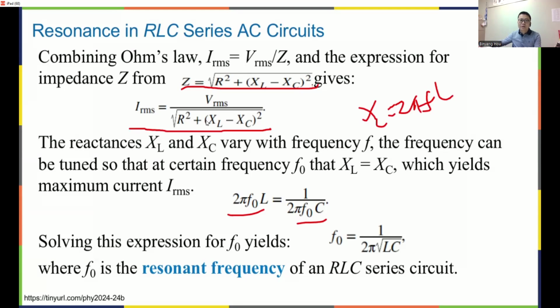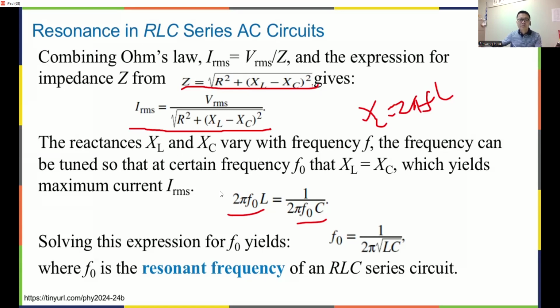Then your denominator will be minimum, because then it's just R in the denominator. Anything else, if this is not equal to 0, even if it's negative, when you square it becomes positive, so the denominator becomes larger. So when your XL equals your XC, you have minimum denominator, or minimum impedance, which gives you maximum IRMS.